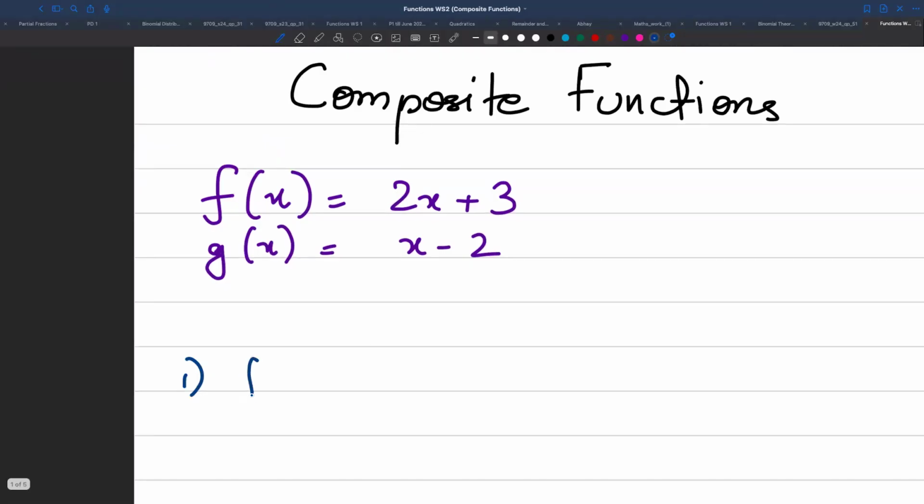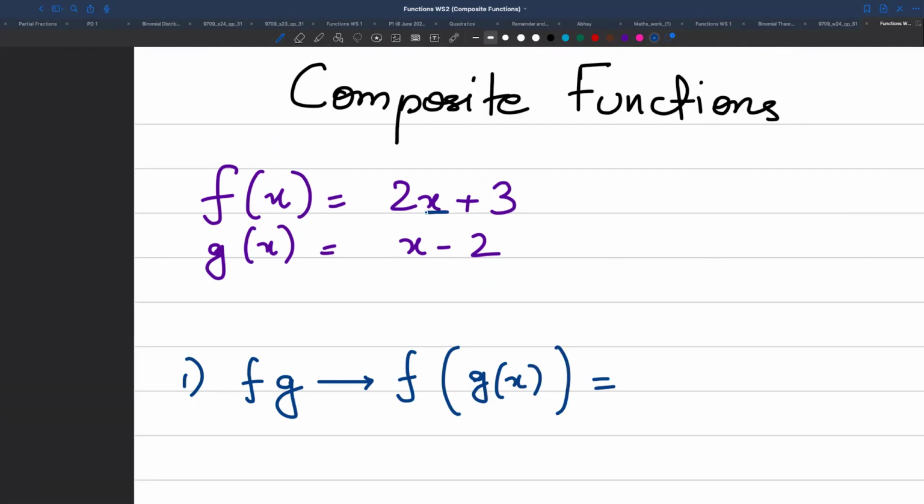If they ask us to find fg, this x is replaced by the function g of x. So you will write 2 into, in place of x, x minus 2, plus 3, and that's it.